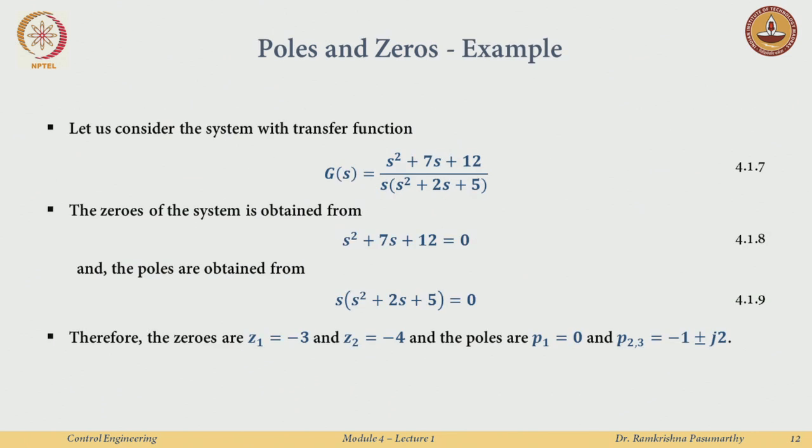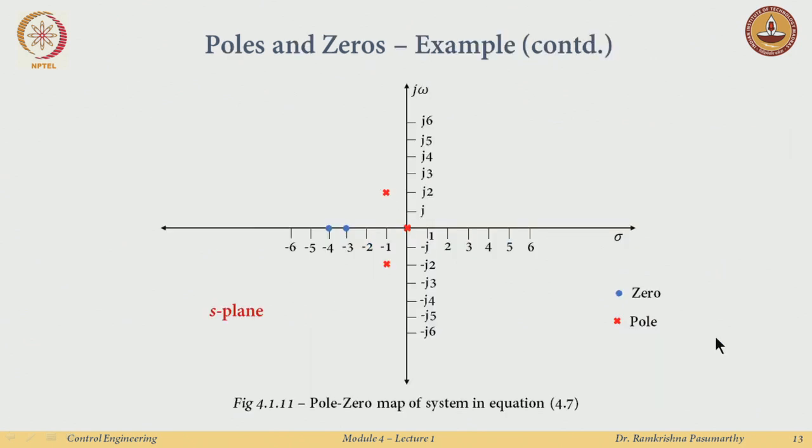Okay. So, let us see with the help of an example, right. I have a system which is like this. So, I just look at the numerator, equate it to 0 and I just get two zeros, right, z equal to minus 3 and z equal to minus 4, and there are 3 poles, one at the origin, and I have a complex conjugate pair minus 1 plus minus j2. Okay. So, if I go to the S plane with sigma, S is typically like this guy, sigma plus minus j omega, right.